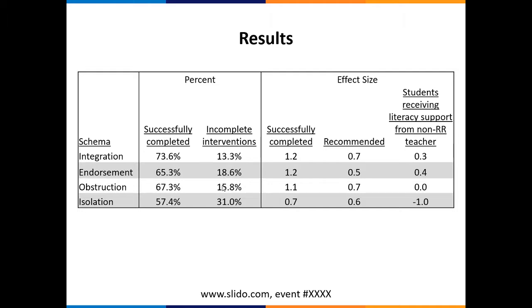Once again, there's a little drop here for this obstruction, but I think once again we have a small sample size here. But then we see this big jump, an almost 16% jump in the number of kids that are incomplete at the end of the school year, when we get to the bottom here in this isolation mode.